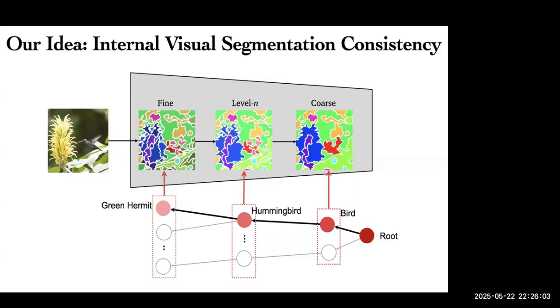We impose the classification loss at each level on the class token of every block. But you see, we don't enforce semantic consistency. Our consistency is guaranteed through visual consistency. If you are focusing on part of the bird, your coarse-grained classification is going to look at the whole bird. That's the intuition.